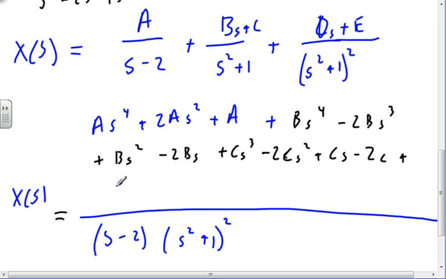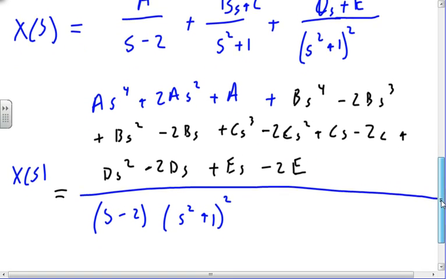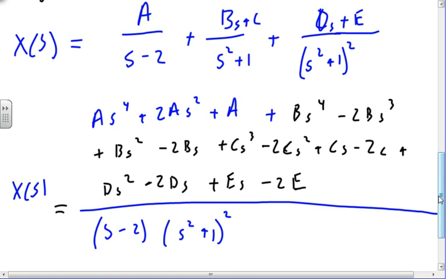Okay, now I've got ds squared minus 2ds plus es minus 2e, leaving a whole lot of room for interpretation on that one. So you think I got it right? All right, I'll look at it again. Okay, I think I got that one right.